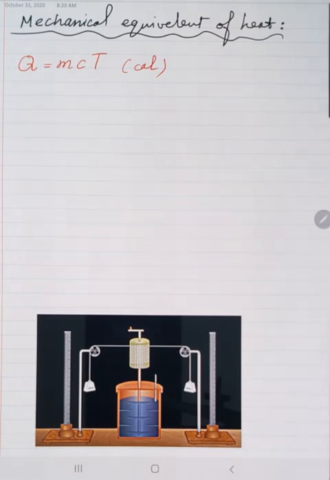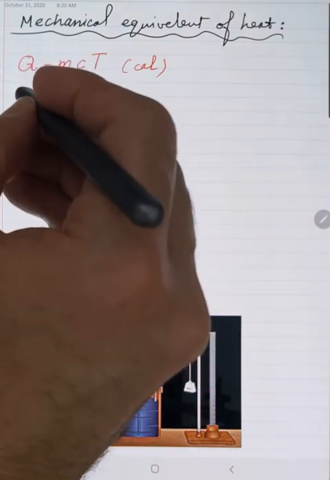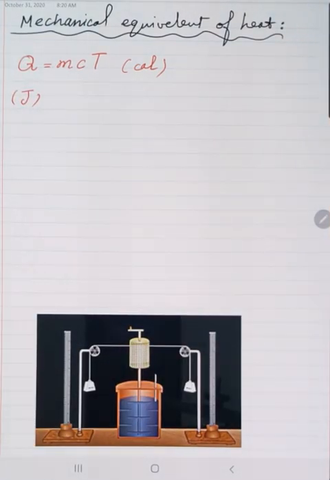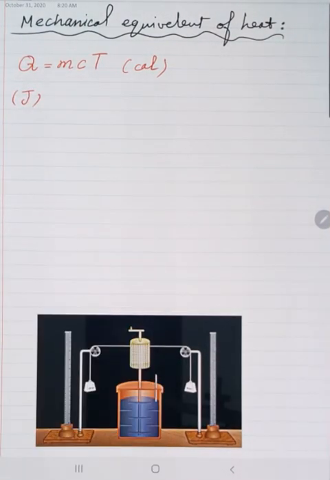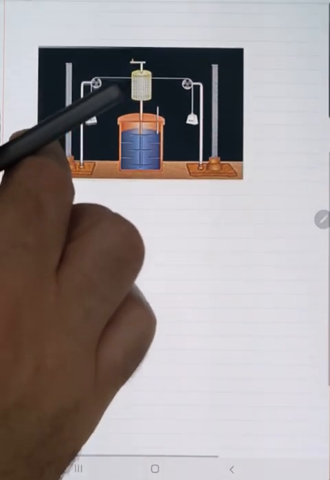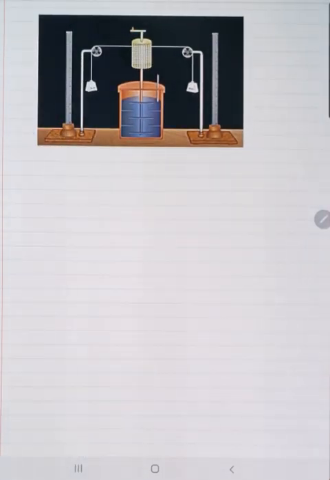And they gave it the unit joule. Now, when the two different groups met, they had no idea what the relation between joule and calorie was, how many calories in terms of joules and how many joules in terms of calories, until Joule himself suggested this experiment.